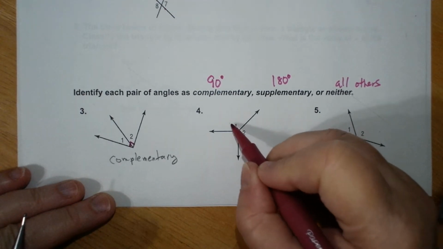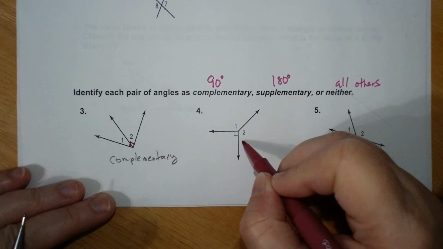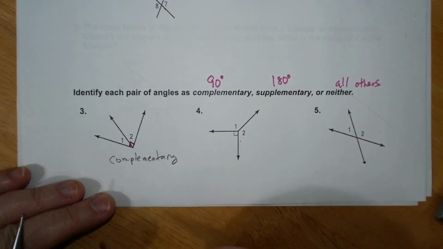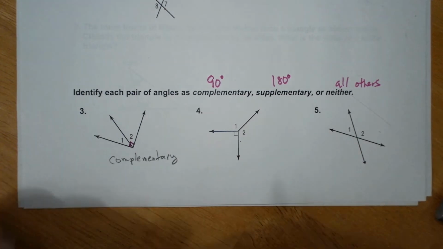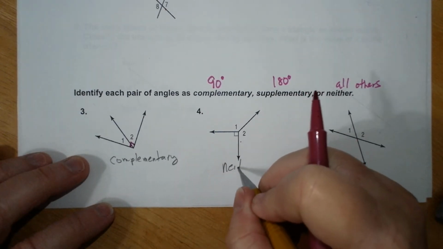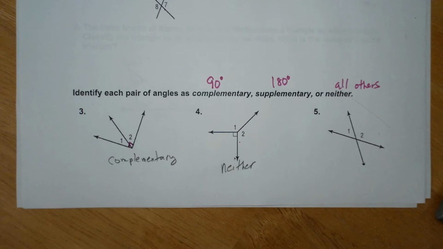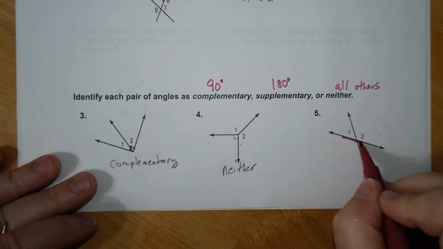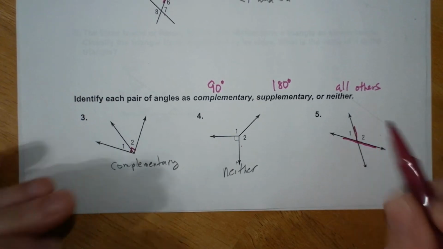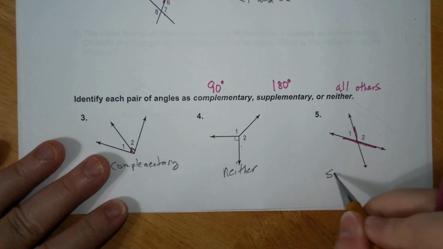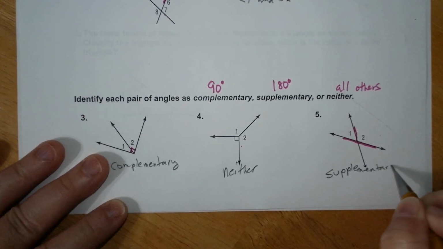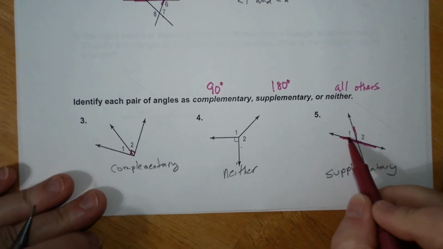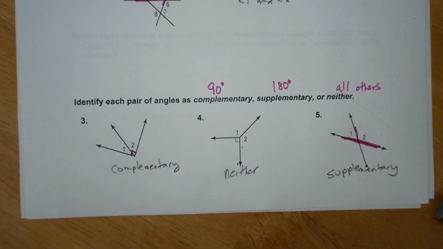This is not the other part of the right angle, so it's not complementary. It does not go in a flat line, so it's not supplementary. So this is neither. Here's my flat line with a ray coming out of it, and therefore this is supplementary. And this flat line is called a straight angle.